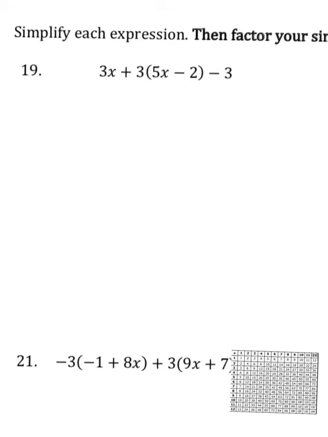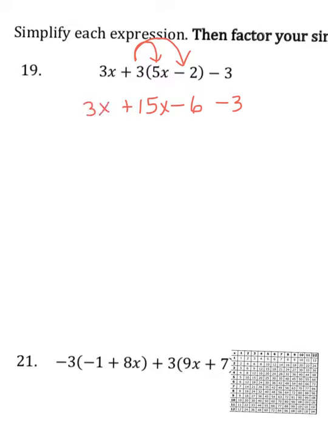We are almost done with this. We can do it. Keep plugging away. Okay, I have to simplify this. I see those parentheses, so I know how to distribute. 3 times 5, 15x. 3 times negative 2, negative 6. And write everything else down.